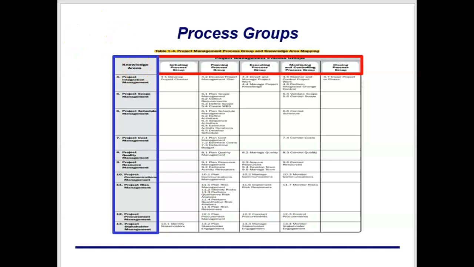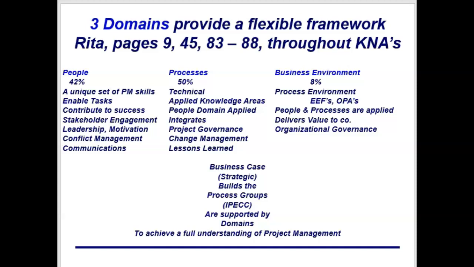Now, I will be asking you to memorize this chart if you're going to sit for the exam, and I have some handouts to help you develop that effort. Now, the new exam divides project management also into 3 domains. These provide a flexible framework, and you can read more about this in Rita's book on those pages.